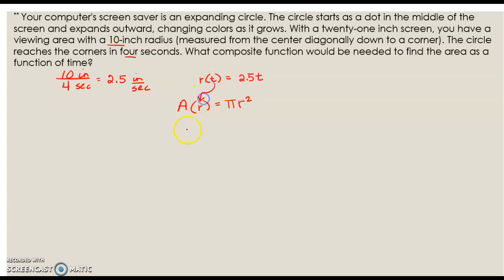So if you're going to take this in, that's going to be A of r of t that we're going to be doing. So you will have A of 2.5t, which gives you pi times (2.5t) squared, or 6.25 pi t squared. That would be the composite function that you would need right there.